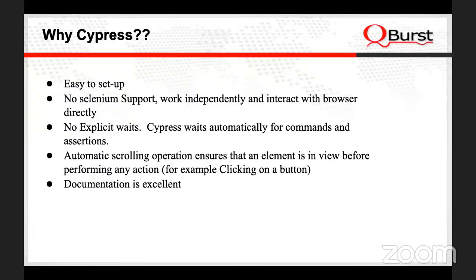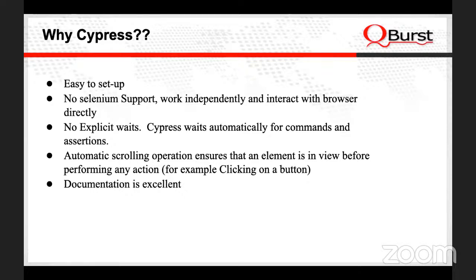And also the automatic scrolling ensures that an element is in the viewport before performing any action on it, for example, clicking on a button. You know how it works, right? For example, I'm using WebDriver.io for automating my web application, and it has a lot of tables in one page.